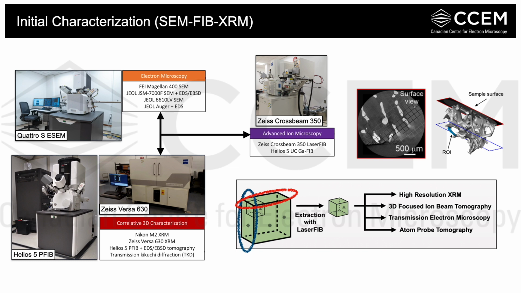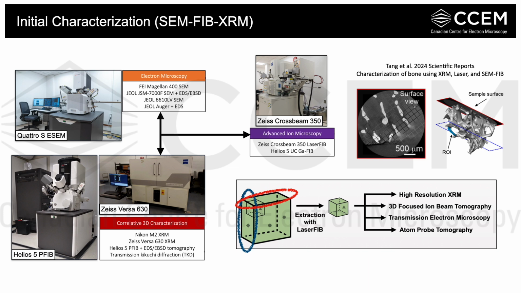For example, these images are from newly published work done here at CCM, characterizing human bone using XRM, laser FIB, and our plasma FIB, or PFIB, which provides a highly resolved structure.